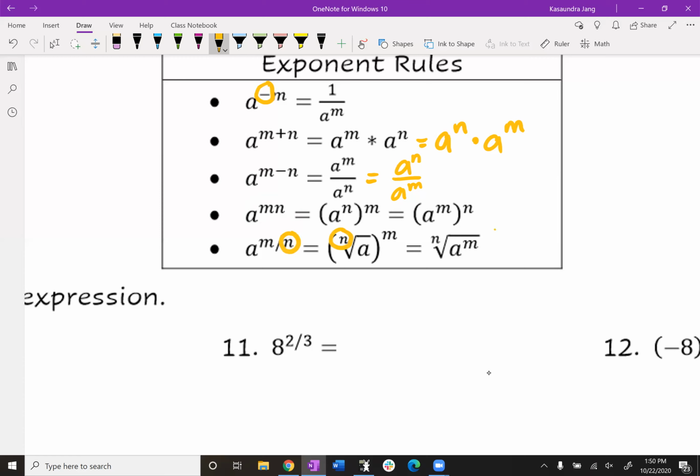Notice that this was not an m root. It had to be an nth root. Whether I did the nth root first and then raise it to a power of m, or I do the exponent of m and then I do an nth root, that's fine, but it does have to be an nth root. I don't get to swap which root I'm doing.